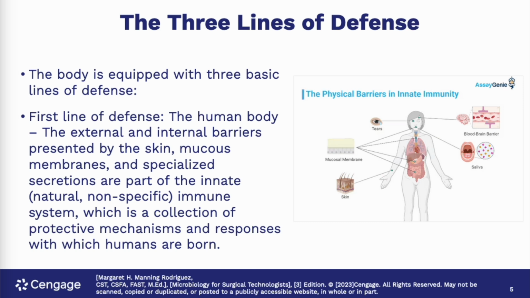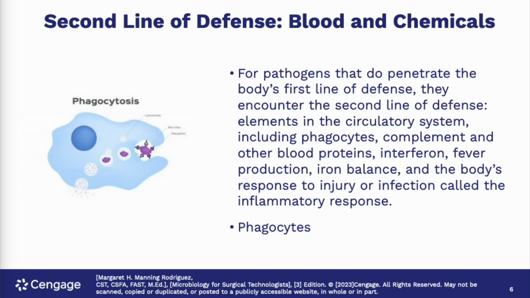Actions like peristalsis and defecation help flush out pathogens. The urinary and reproductive tracts are kept clean by frequent urination and vaginal secretions. And then there's immunity, both innate and adaptive. Innate immunity is the natural, non-specific defense that we're born with. Adaptive immunity develops over time as the body learns to fight specific pathogens.